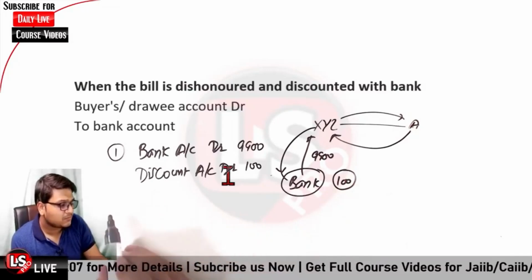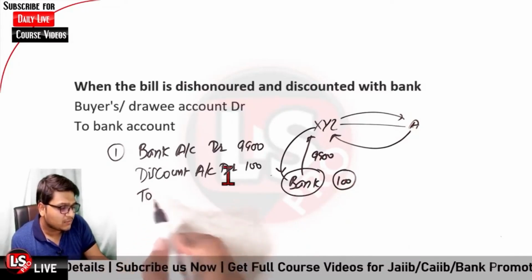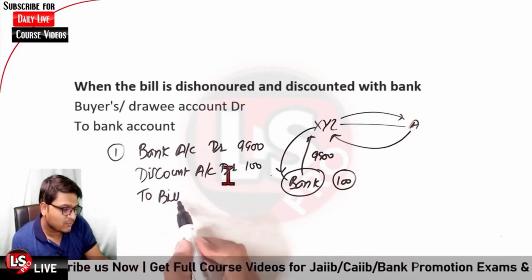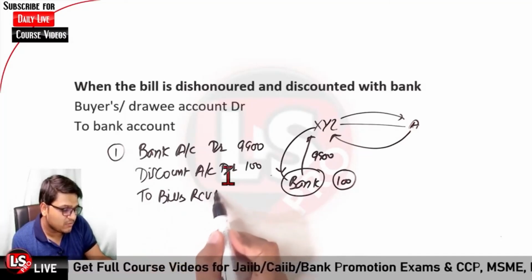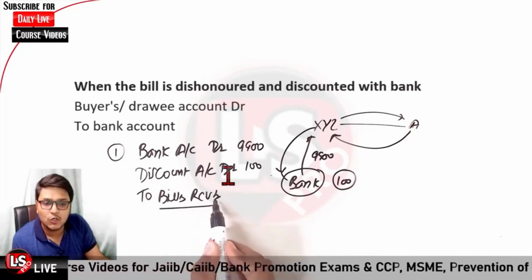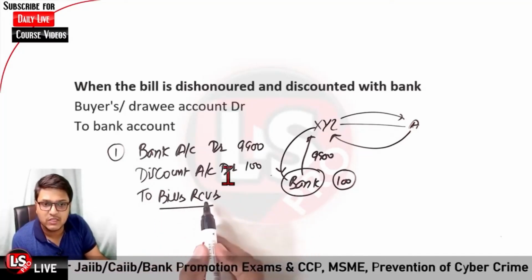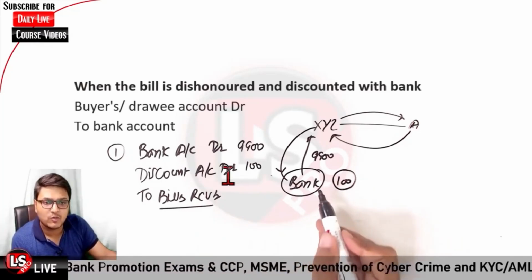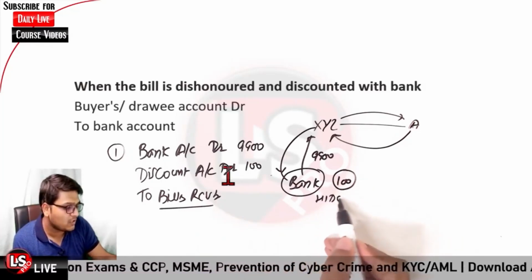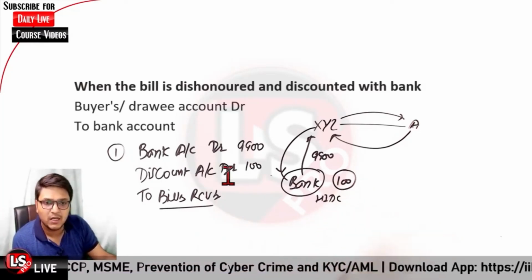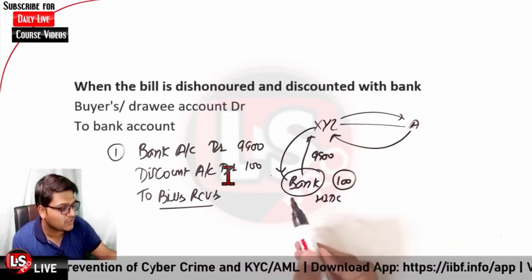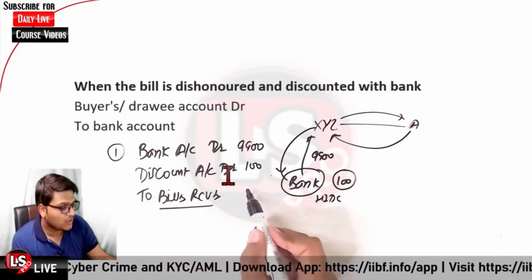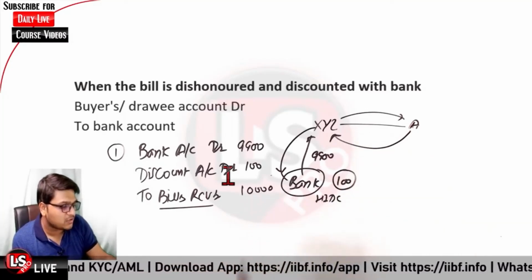Further you credited the bills receivable account, because now you are not entitled to receive the amount. Now the bank is entitled to receive the amount. The bank became the holder in due course, which we already learnt, because the bill was endorsed by XYZ to the bank. So the bills receivable account was credited with 10,000.